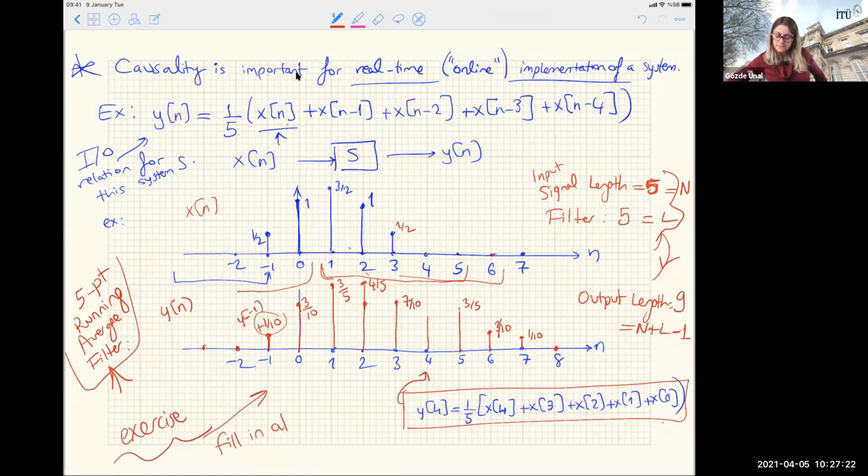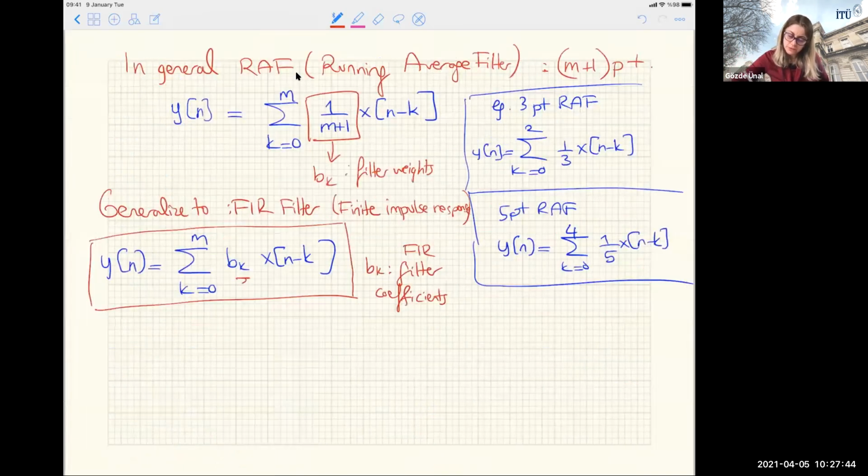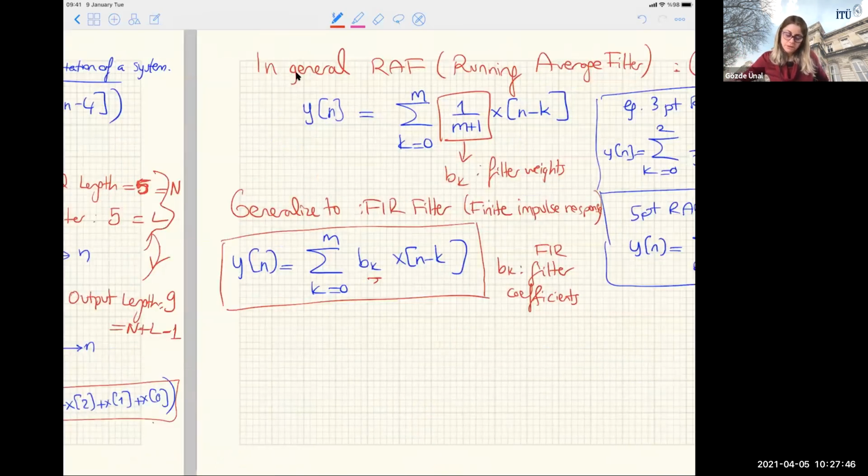You can even write all of them out, for instance, what is y at minus 1? What is y at minus 2? You know the input-output relation. It's just summation, multiplication and division. But this should be here, this 1 over 2 at 3.